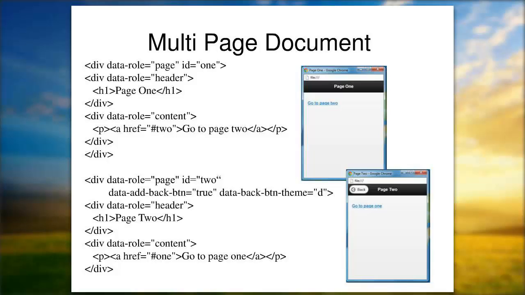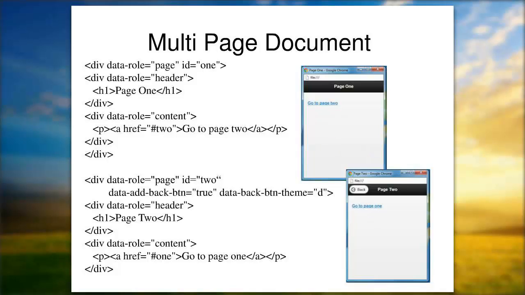And one of the ways that we can do this is by creating what is called a multi-page document. So we actually have different pages, several pages, in the same HTML file. And jQuery will display them as different pages based on how the code is written.